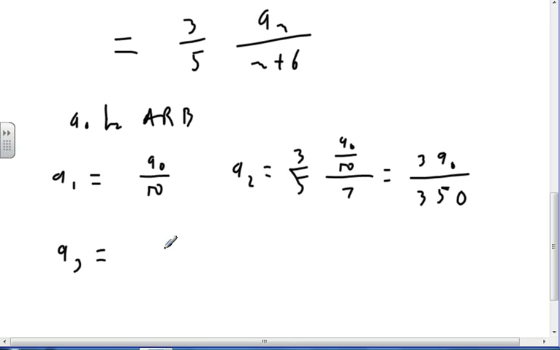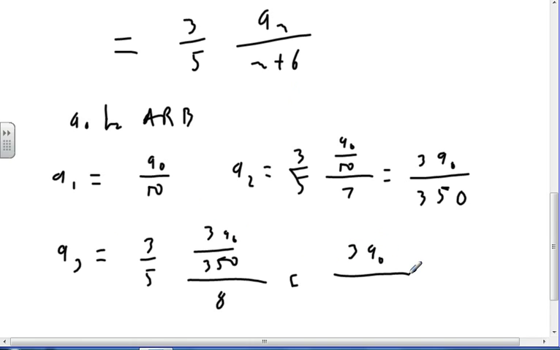A3 is 3 over 5 times 3A0 over 350 divided by 8. 3A0 divided by 5 times 350 times 8. 14000. Well, the next guy is really big.